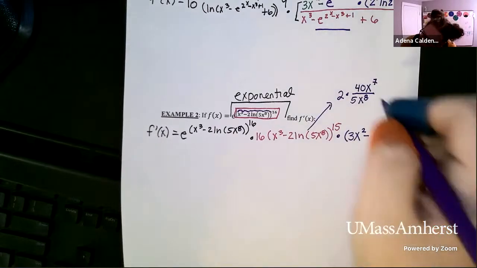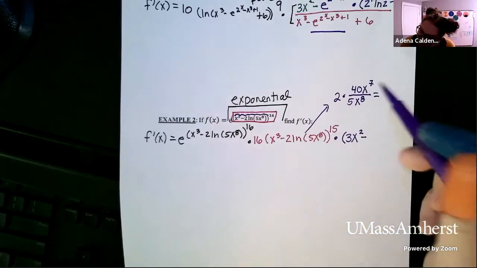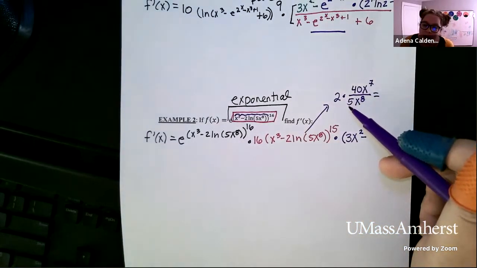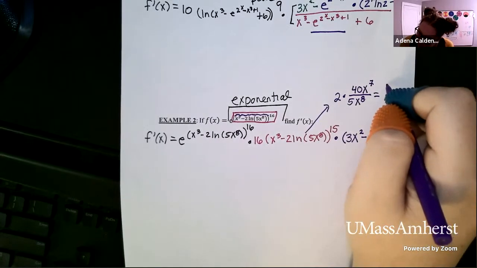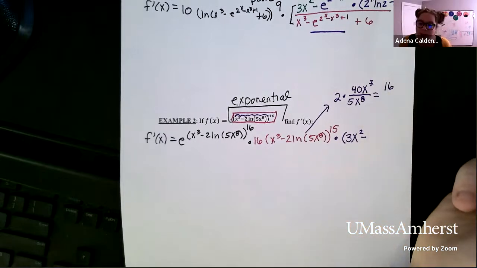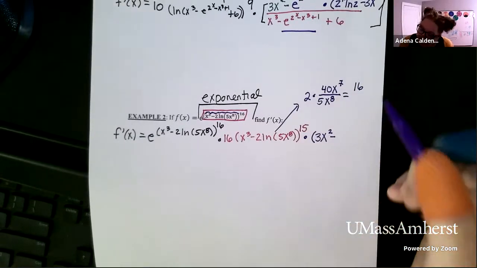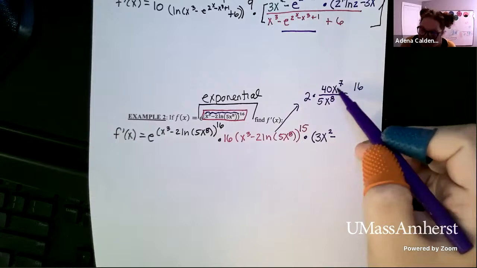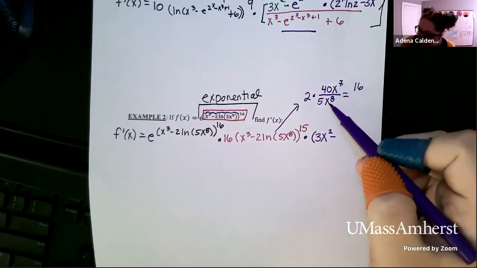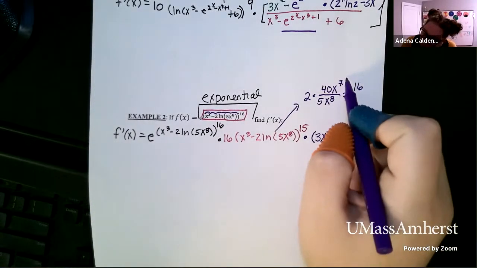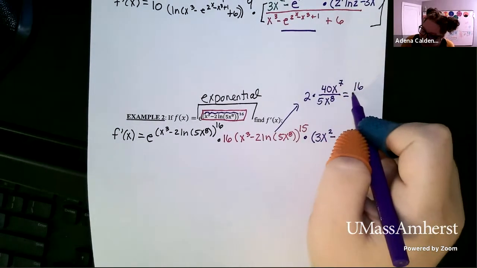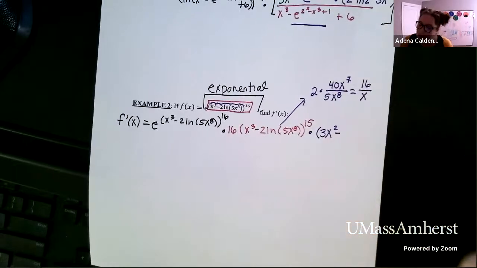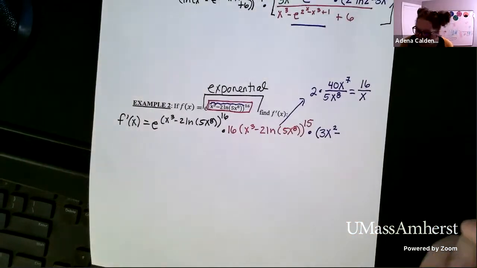Okay, so I think about how I might simplify this. 40 divided by 5 is going to give me 8, and 8 times 2 is 16. My constant's going to be in the numerator. And then I think about these x's. I have x to the 7th in the top and x to the 8th on the bottom. So all 7 of these x's will cancel with 7 of the x's here and leave me with 16 over x.